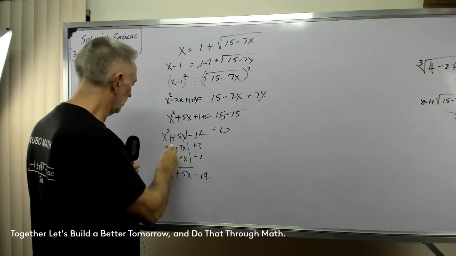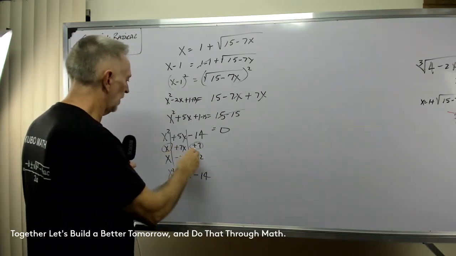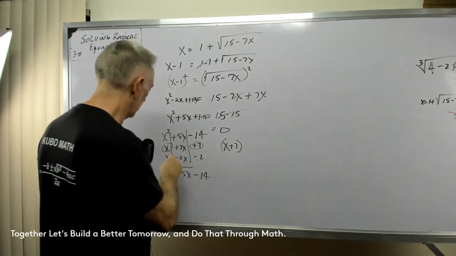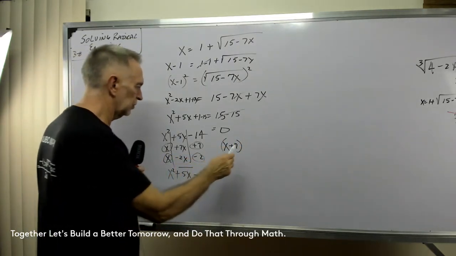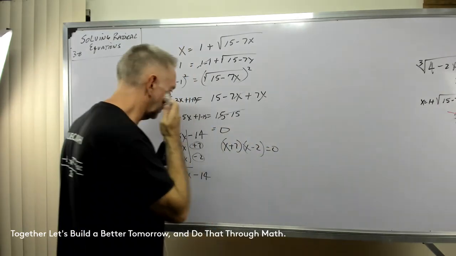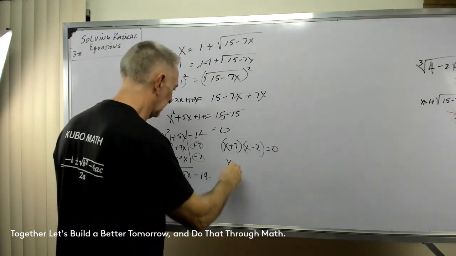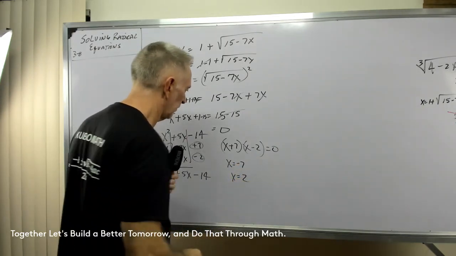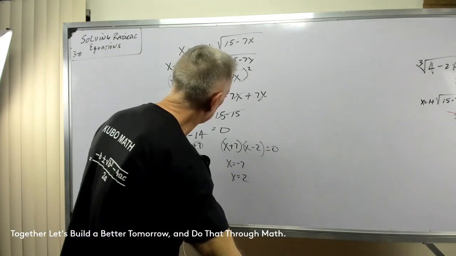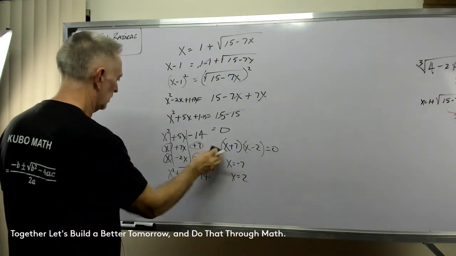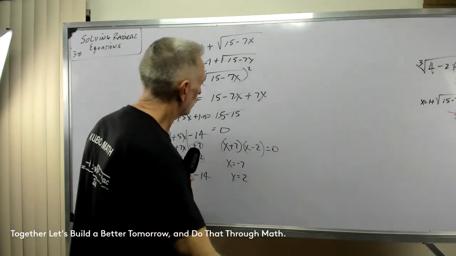All right, so what do we have? We have x plus 7, and then we have x minus 2 equals 0. So x would have to be negative 7, or x could equal 2. All right, let's see how that works out for us. I'll just work over here, I guess.